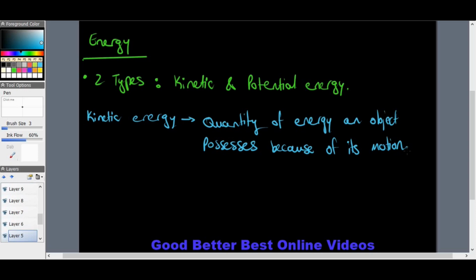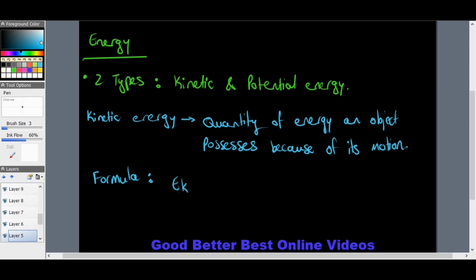So it's safe to say that all moving objects have kinetic energy, and we calculate the kinetic energy using the following formula. We use the symbol EK, E for energy, K for kinetic.